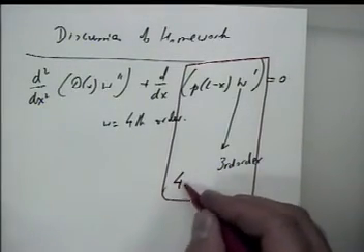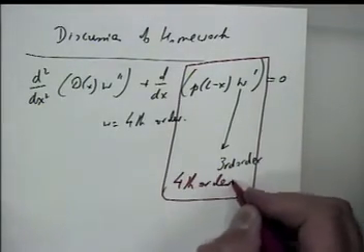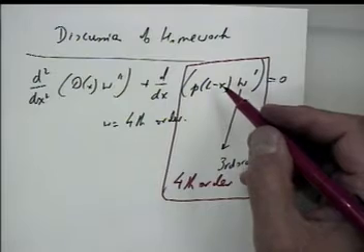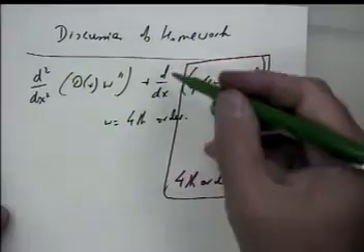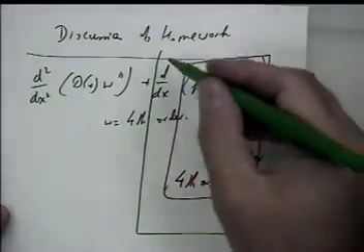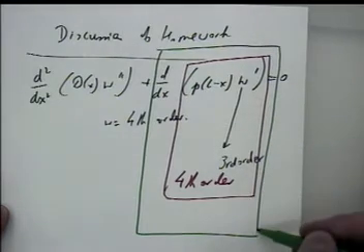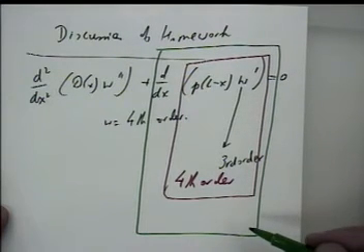Fourth order, because third order I multiplied by a linear function. Now, what order is this one? This green thing.